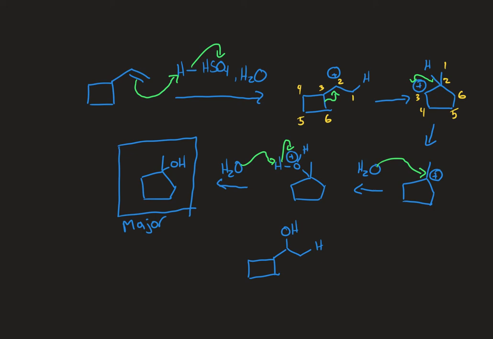I also expect that this carbocation could have been attacked, and so that would give you this product. Again, I think this tertiary alcohol is a major product, but these two products definitely are going to form in some capacity.